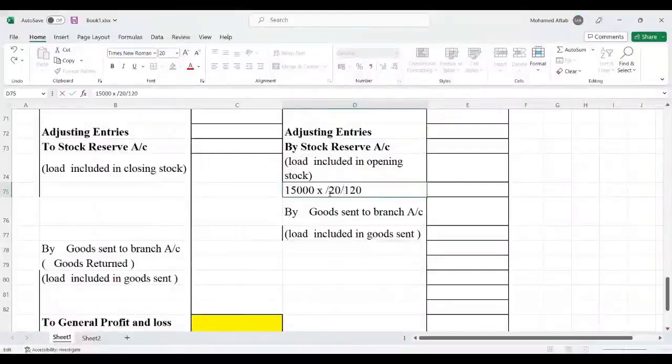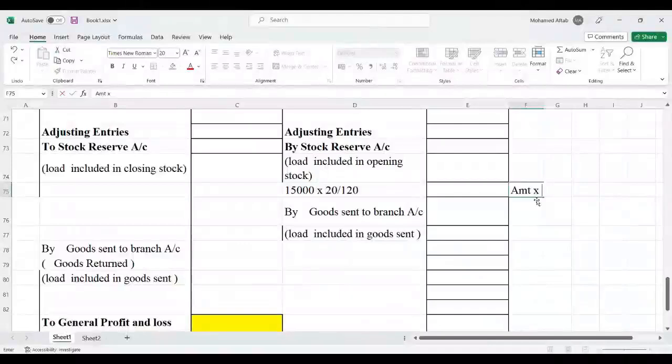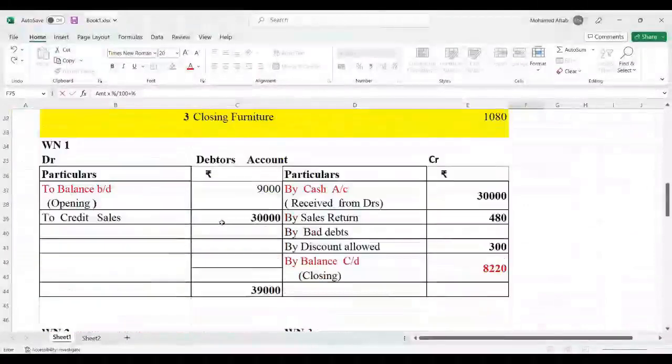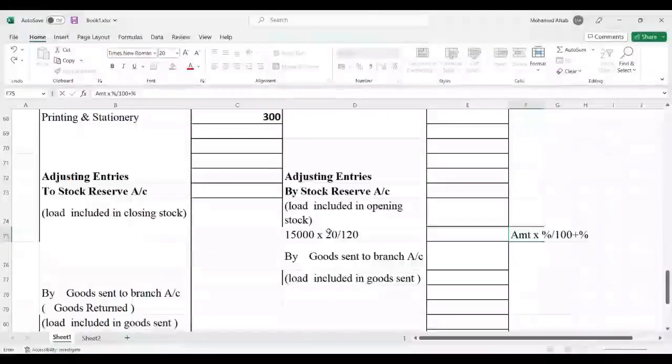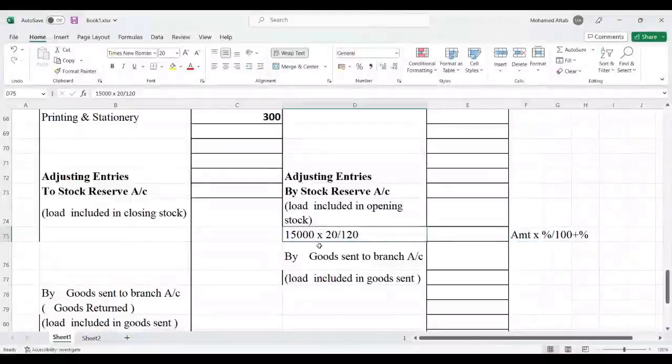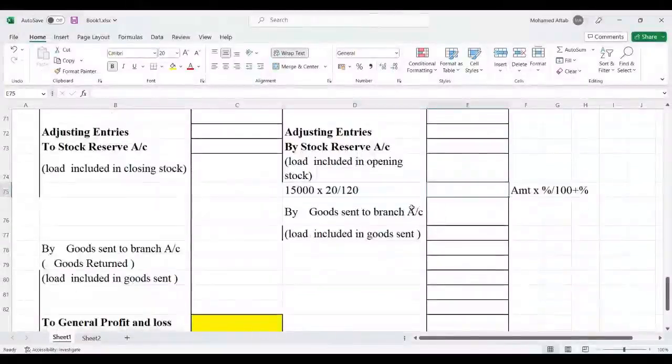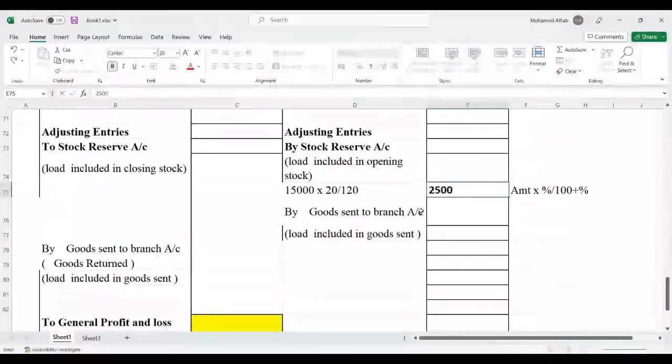We can apply the formula, that is amount into percentage divided by 100 plus percentage. So the loading included in opening stock, 20% is given, cost plus, that is on cost. Invoice price problems, you have to calculate the 4 extra entries. So 15,000 into 20 by 120, 2,500.